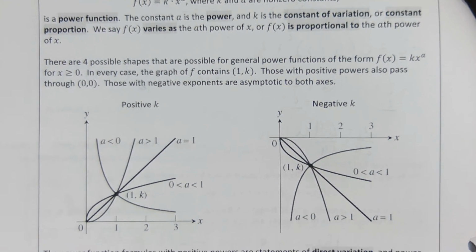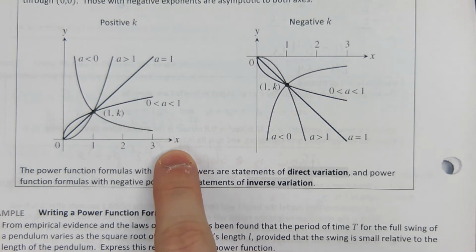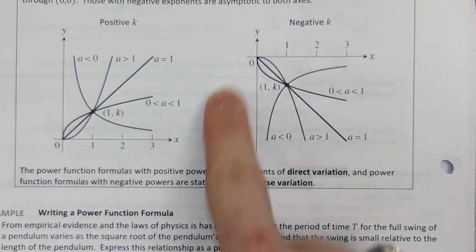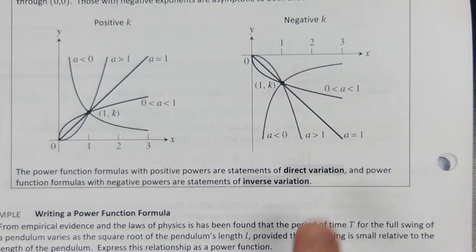But here are your positive constants of variation. Here are your negative constants of variation. And I hope that it's obvious why they're the exact same image, just one's above the x-axis and one's below. Because making it negative is just a reflection over the x-axis, which we talked about in 1.6. So it's the same stuff. It's just been reflected down below.